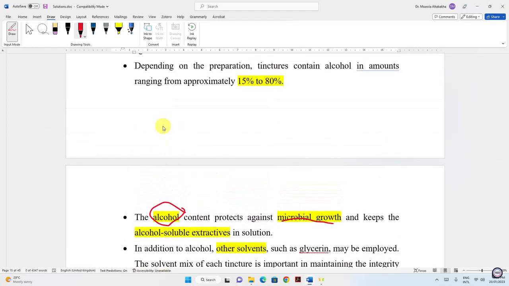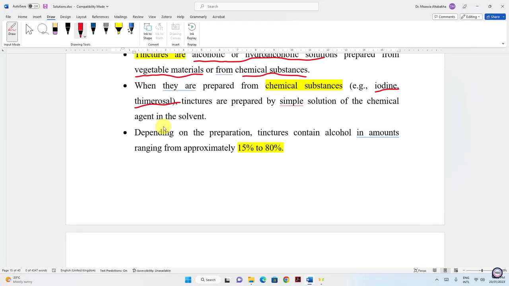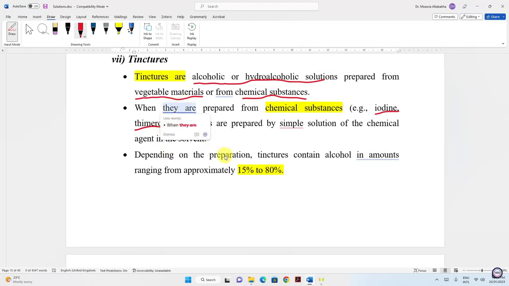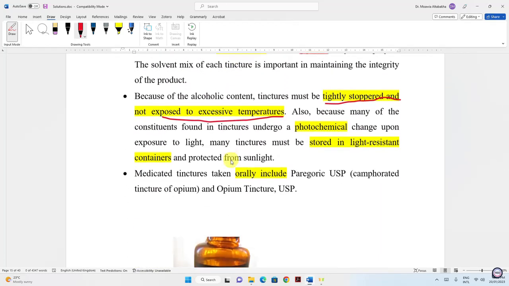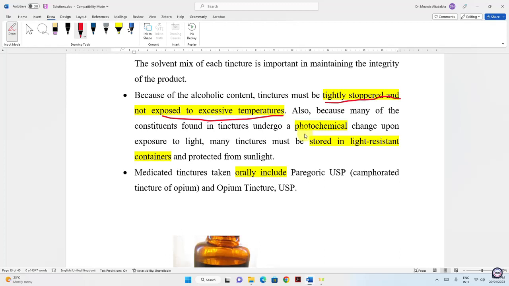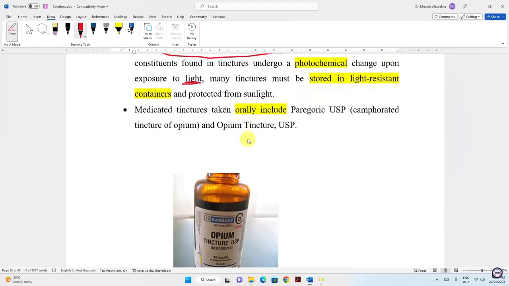Also, and this is very specific to vegetable materials, some of the extracted materials might undergo photochemical change. Meaning upon exposure to light, the UV of the light can cause changes in the materials inside the tincture.